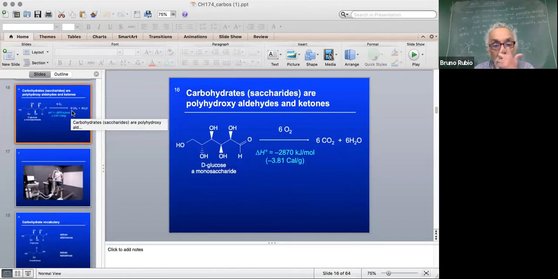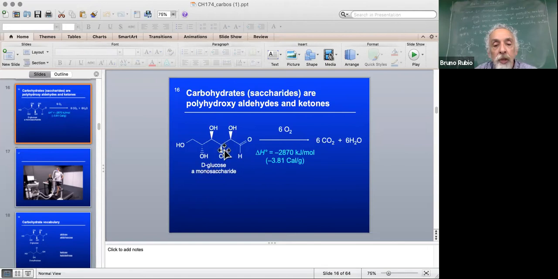Okay, so why do we care about sugars in the first place? Well, if you're interested in biochemistry, dietetics or nutrition, you probably wouldn't be interested in any of that stuff if you didn't know that carbohydrates, sugar, is where we get a lot of our energy. So what I'm showing here on my slide is D-glucose, right? This is the only sugar from which you can get metabolic energy.